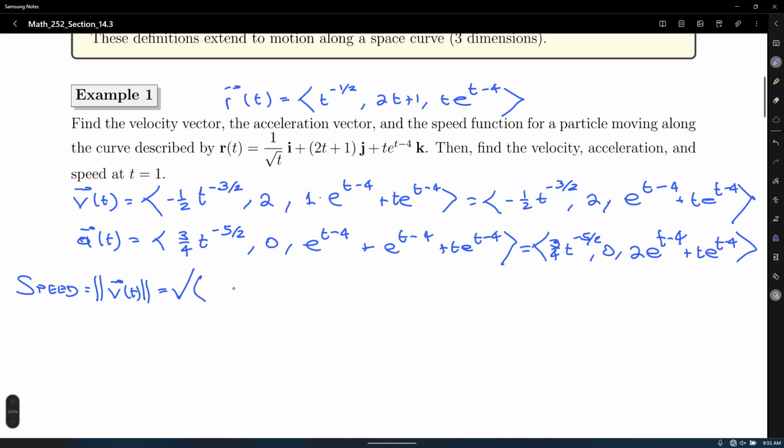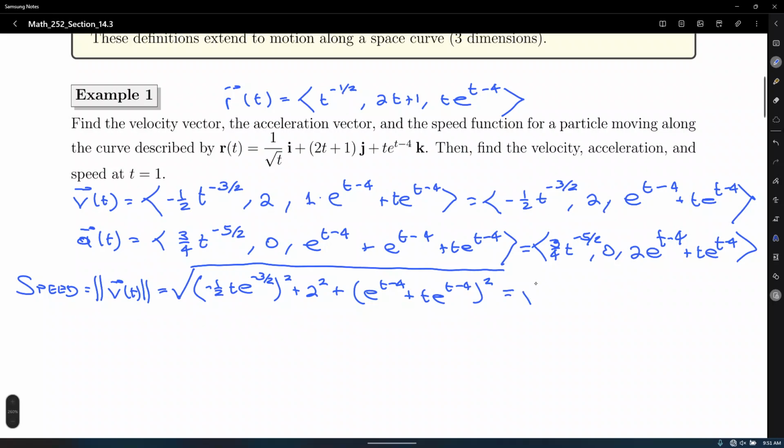Yes, it's going to look ugly. 1/2 t to the negative 3/2 quantity squared, plus 2 squared, plus e to the t minus 4 plus t e to the t minus 4, all this madness squared, and then take the square root of all this. Well, there's no need to simplify. I don't see the point, because we have combinations of exponentials, rational exponents with negative exponents and constants, but still you might want to clean it up a little bit. There's not much to do, but at least clean it like this.